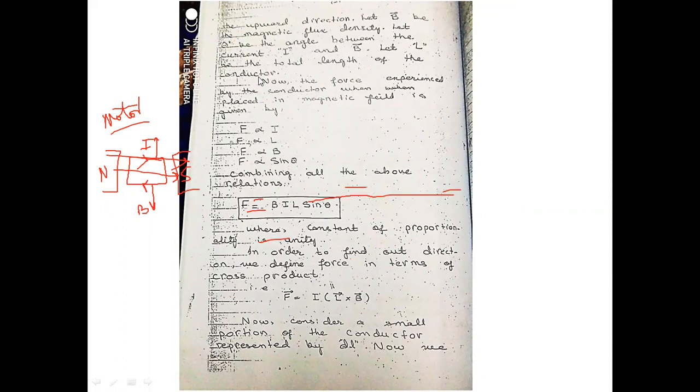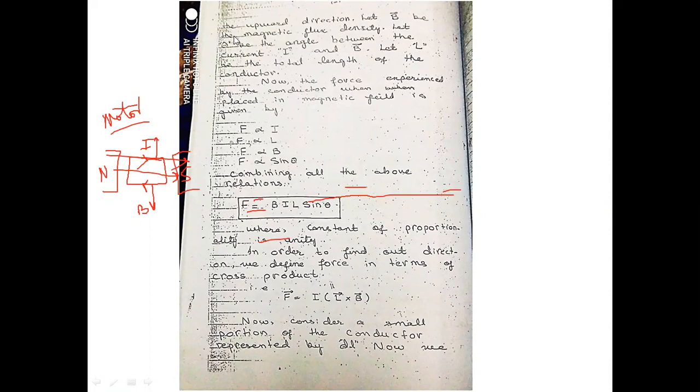Now the force experienced by the conductor when placed in the magnetic field is given by: F is directly proportional to I, meaning the greater the current flowing through the conductor, the greater the force it will experience. Similarly, the greater the length, the greater the force, and the greater the B, the greater the force experienced.